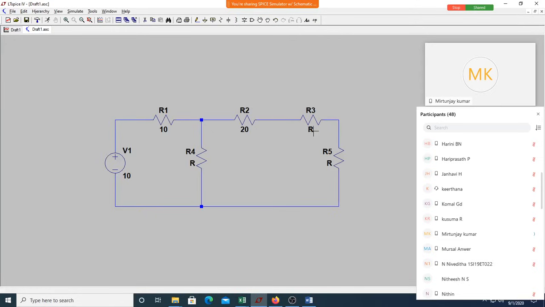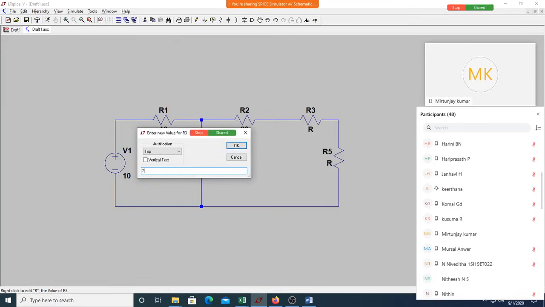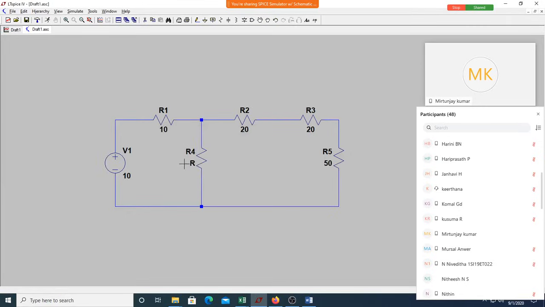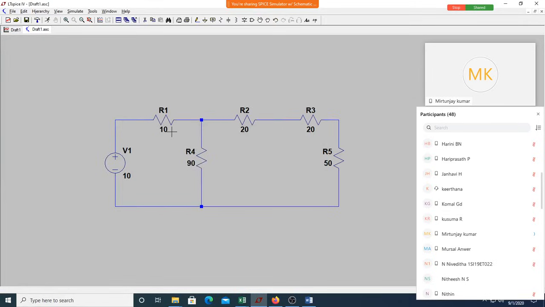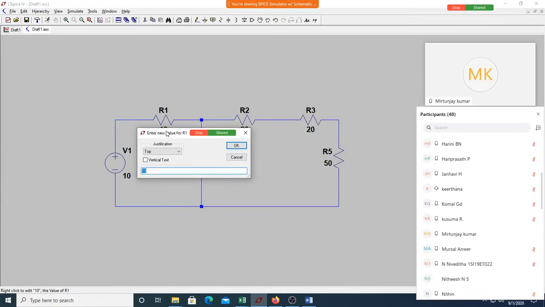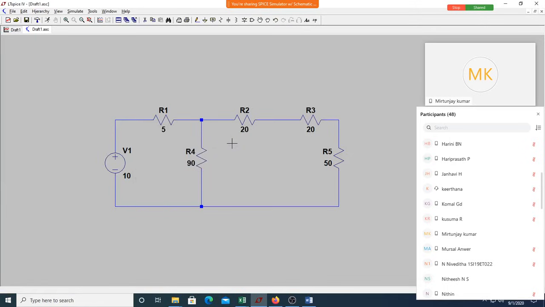R3, 20, also done. How about this? 50, done. This one let me make 90, done. And I'll make this 5 for some logistic purpose.